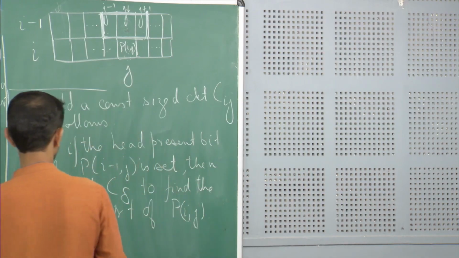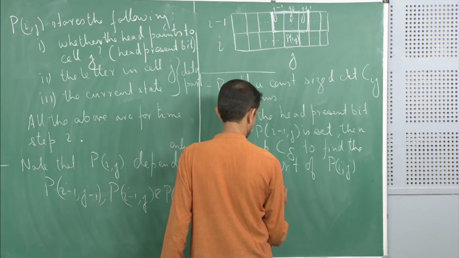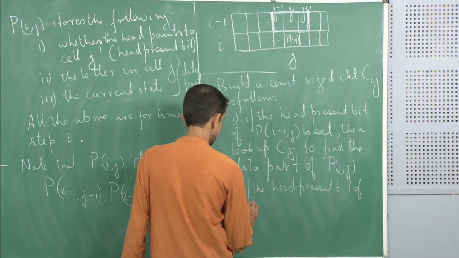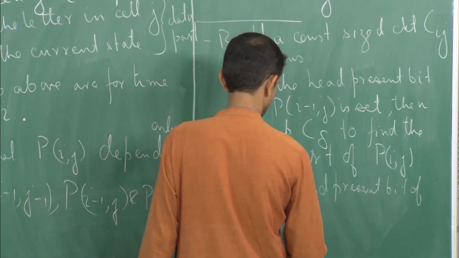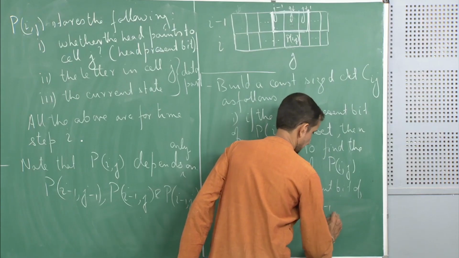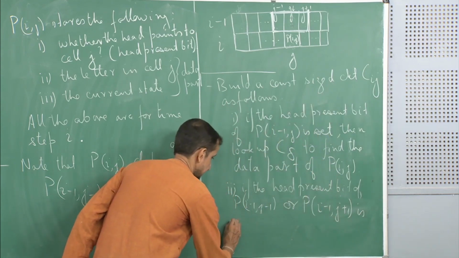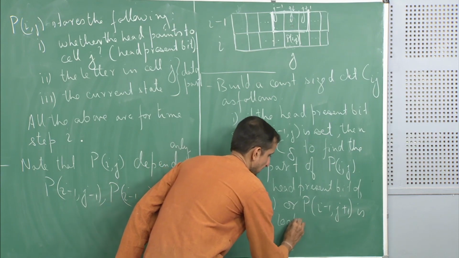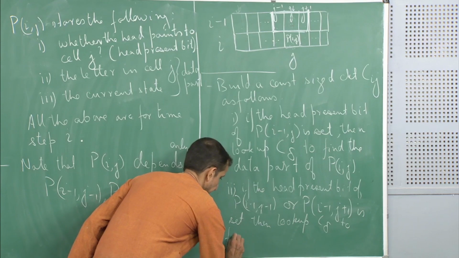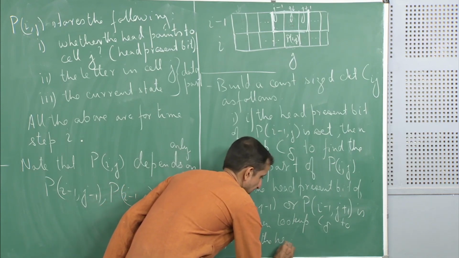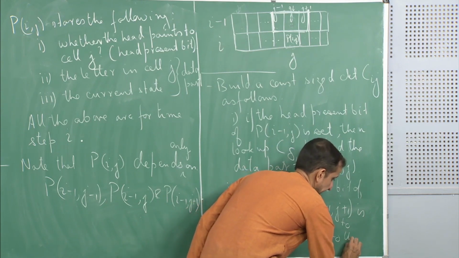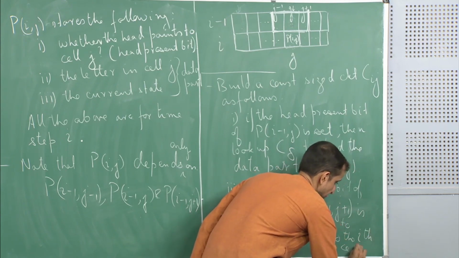So, now the remaining point is, if the head present bit of P(i-1, j-1), or P(i-1, j+1), is set, then look up C delta to find if the head comes to the ith cell.